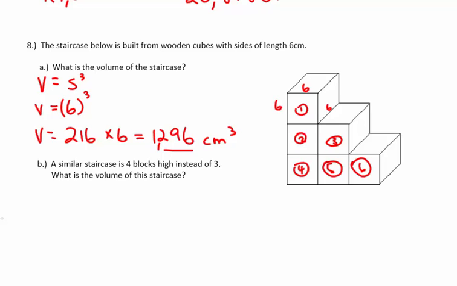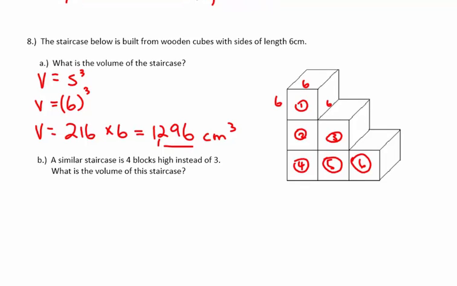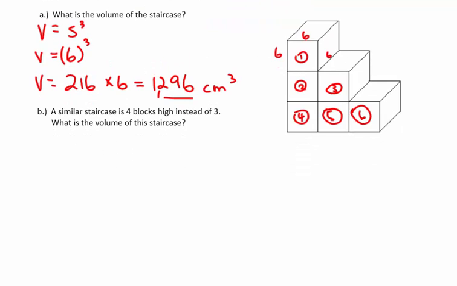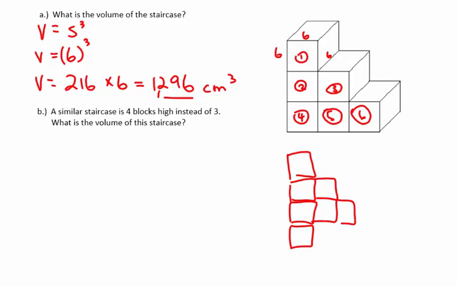A similar staircase is 4 blocks high instead of 3. So we're adding, instead of 3 layers, 4 layers. What is the volume of this staircase? So we'll have 2 here, 3 here, and 4 here. So this is what it looks like.